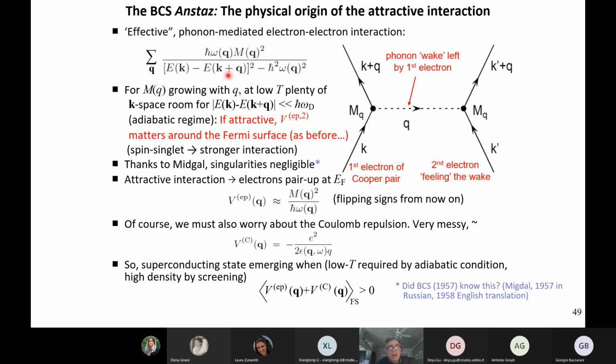And at large Q, you can look only at electrons which are around the Fermi energy. If this is big at large Q, you see that there is a large region of K space where this energy can be very small. All the electrons which are populating a shell around the Fermi surface, around the Fermi sphere.